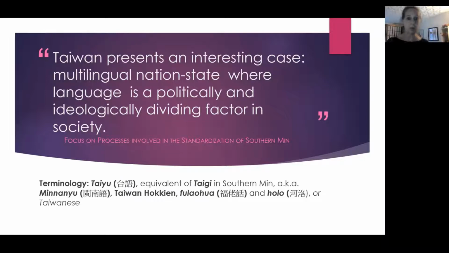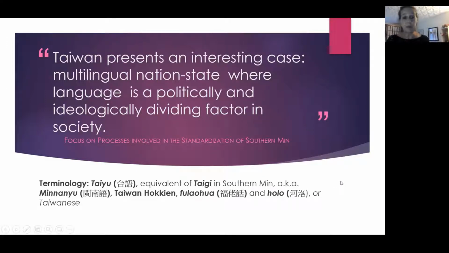Okay, a couple of words on the terminology. We have Southern Min, which translates in Mandarin as Minnanyu, and other terms for Southern Min are Taiyu, the equivalent of Taigi in Southern Min, also known as Taiwan Hokkien, Fulaohua, and Holo, or in the more common parlance we use Taiwanese, as people also say Mandarin and Hakka.